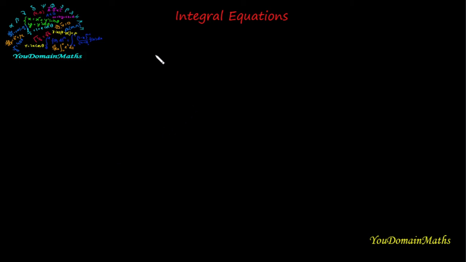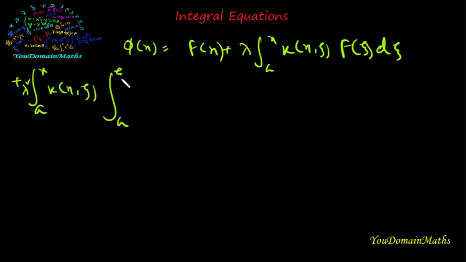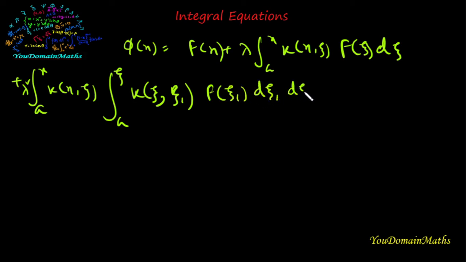Now consider the infinite series phi of x equal to f of x plus lambda integral a to x K(x, xi) f(xi) d xi, and the third term, integral a to x, there is a lambda squared and kernel K(x, xi), and the limit a to xi K(xi, xi1) f(xi1) d xi1 d xi.